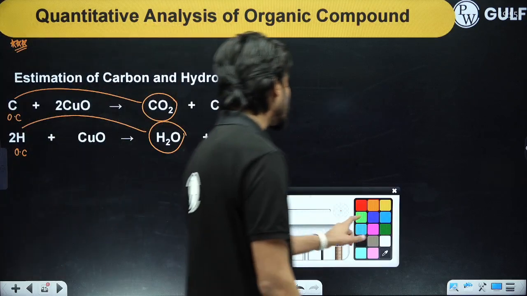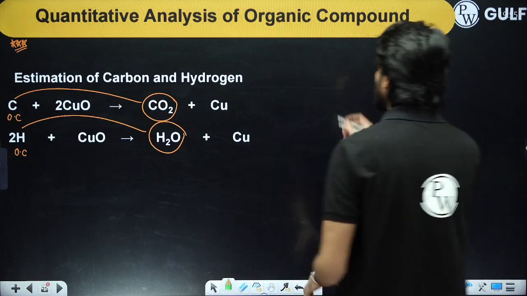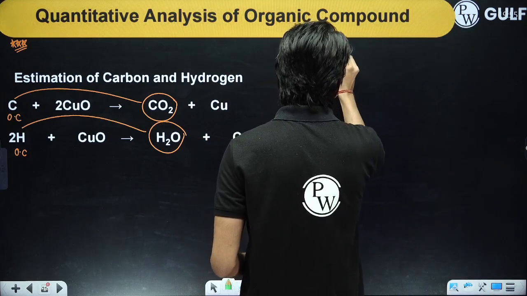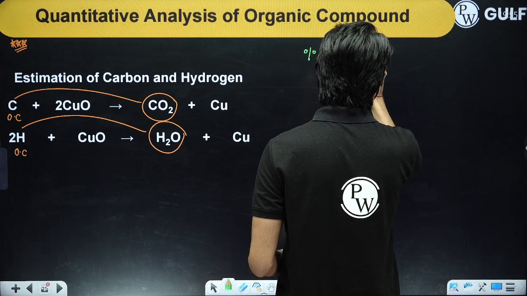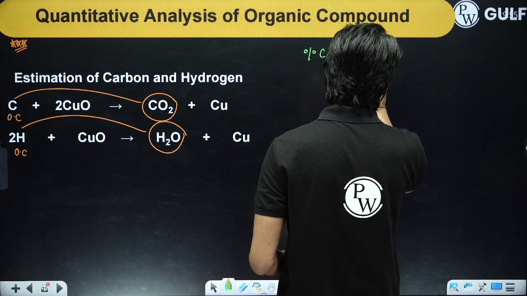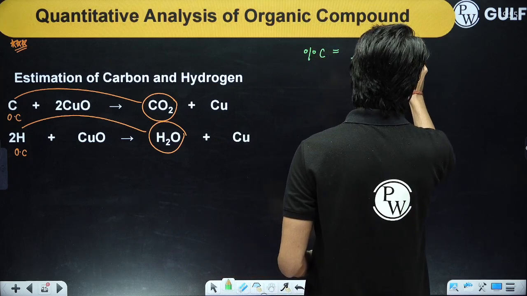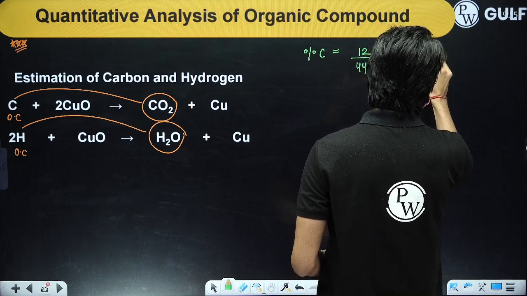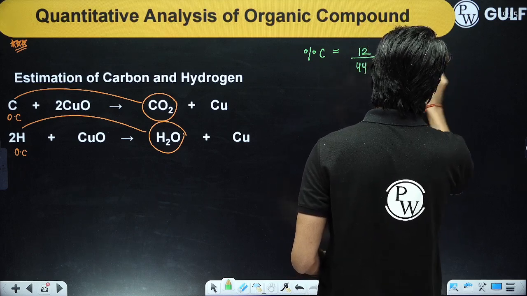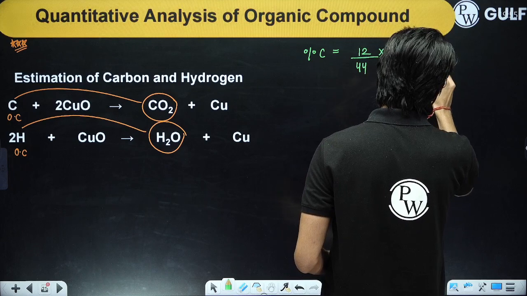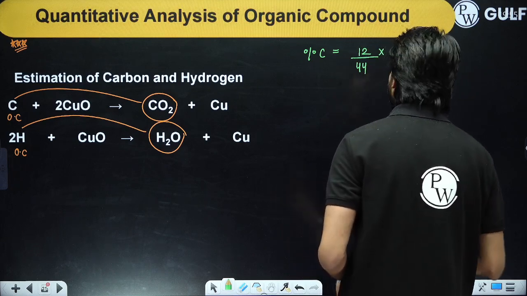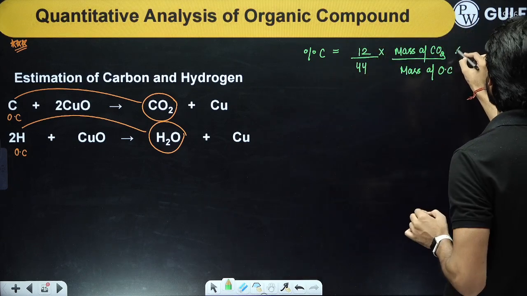If you apply the basic stoichiometry in these two reactions, you can find the percentage of carbon by putting the molar mass of carbon divided by the molar mass of CO2, multiplied by mass of CO2 divided by mass of organic compound, because you want to find the percentage, so you will multiply it by 100.